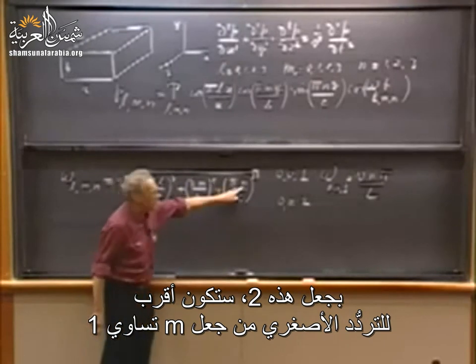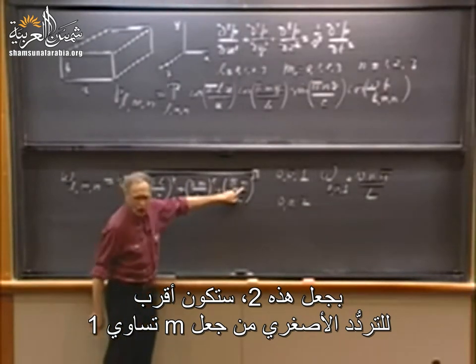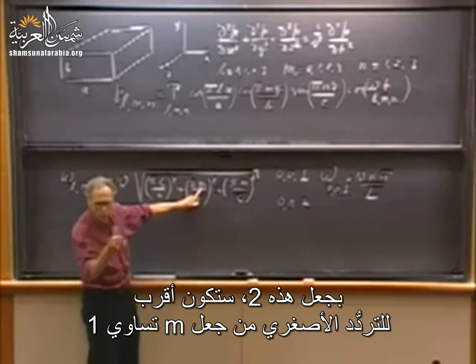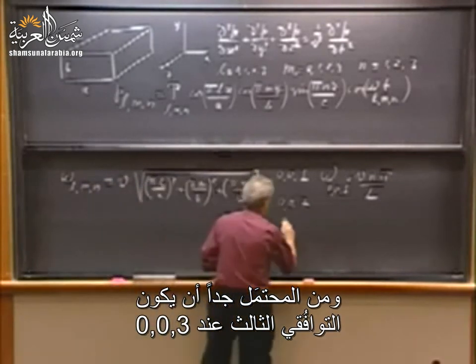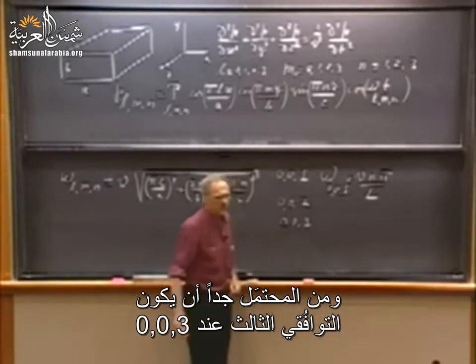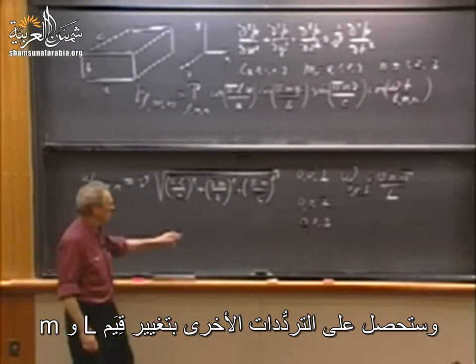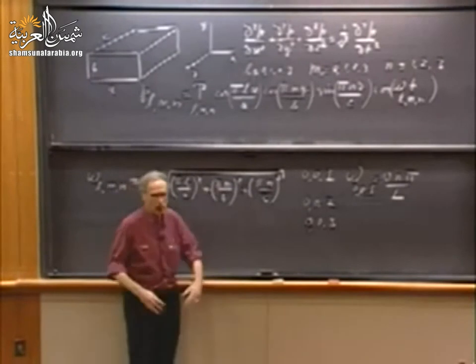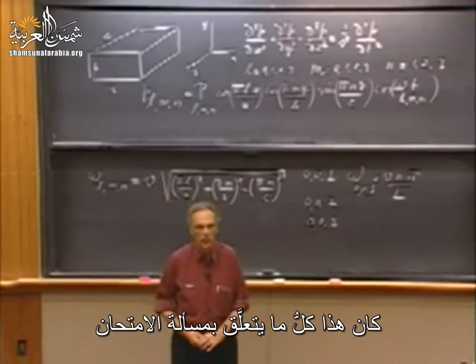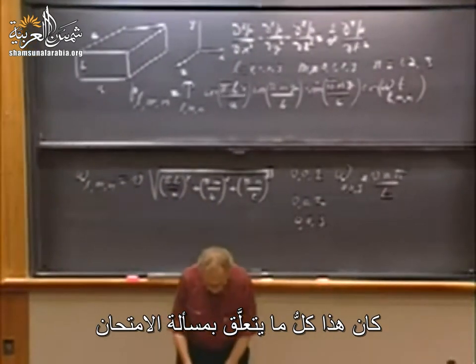So by making this one go to 2, you're still at a lower frequency than by making M go to 1. And the third harmonic is very likely to be here. And then there comes a time that the next frequency comes in when you change the L and the M's. And you can get a whole zoo of frequencies, and that is what that problem was all about.